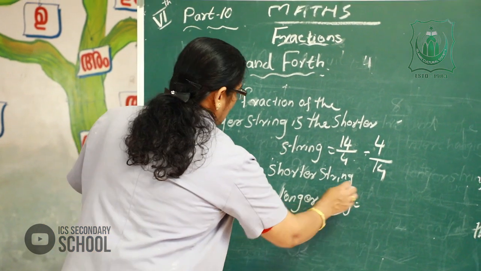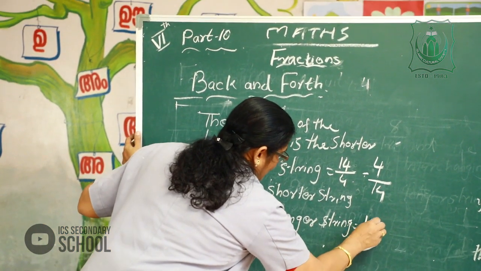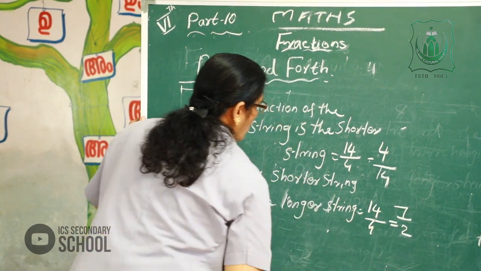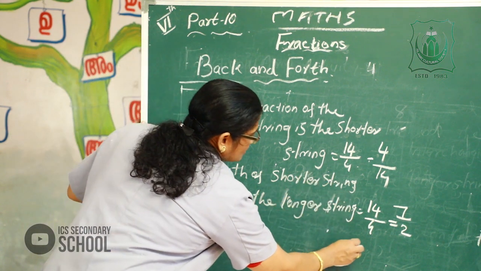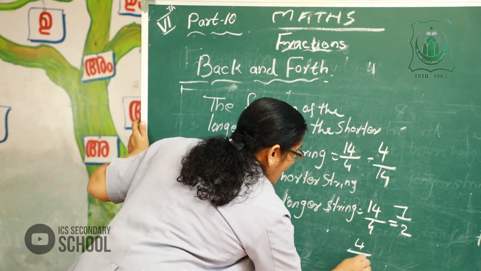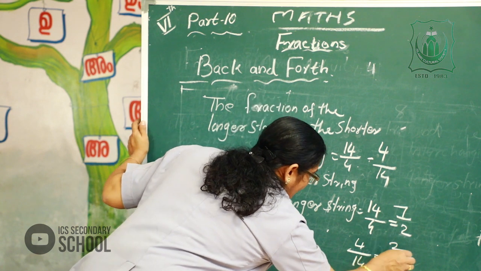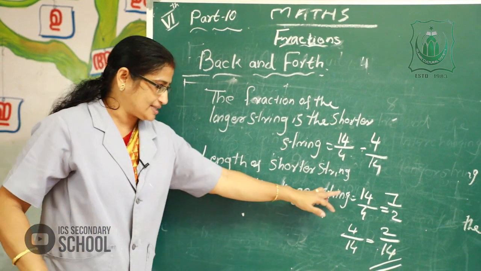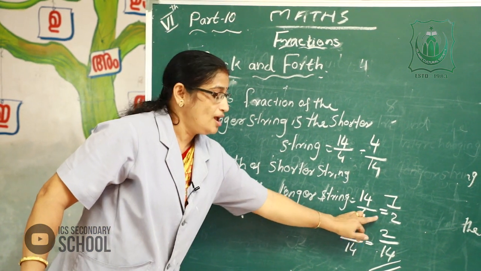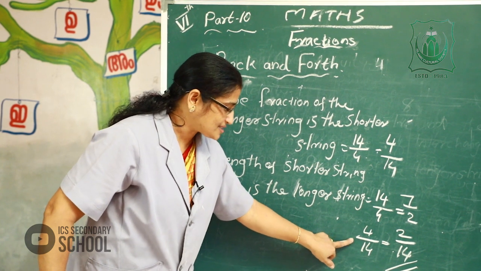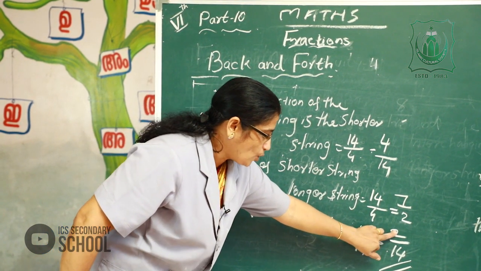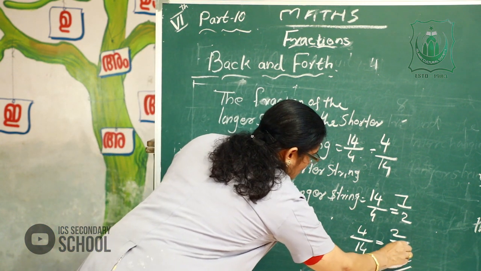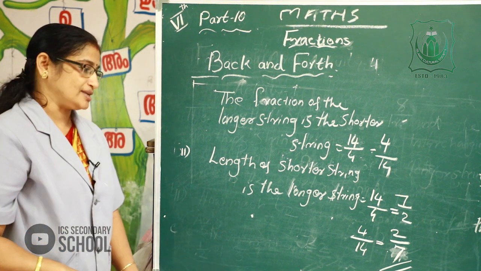How many times longer? 14 divided by 4 is 7 by 2, and for the shorter string, 4 divided by 14 is 2 by 14. How many times is the longer string? 7 by 2, and the shorter string is 2 by 7.